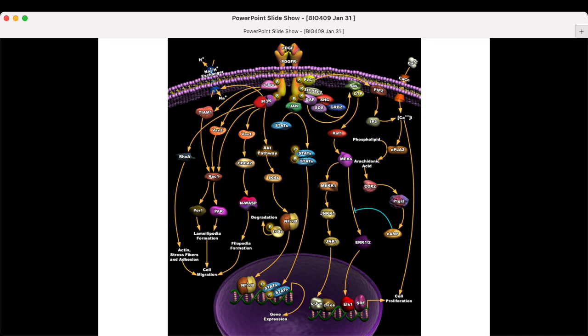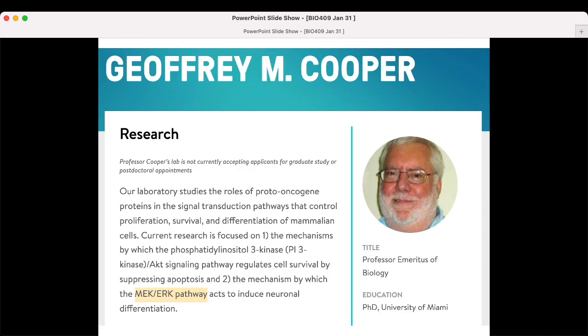And here the author also still mentions that RAF, MEK, ERK, ELK pathway, so he's working on some pathways, but he's all about signal transduction. And why? Because it goes back to the fact that he went to grad school to study cancer.